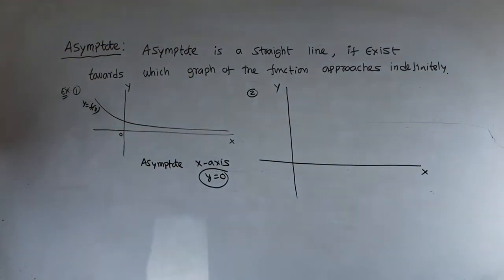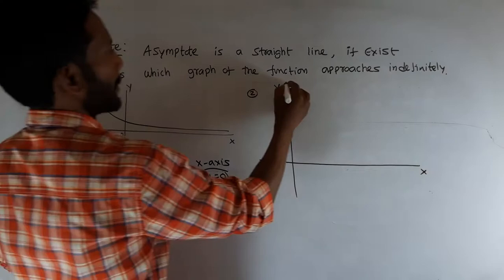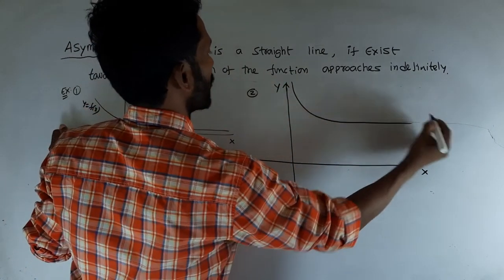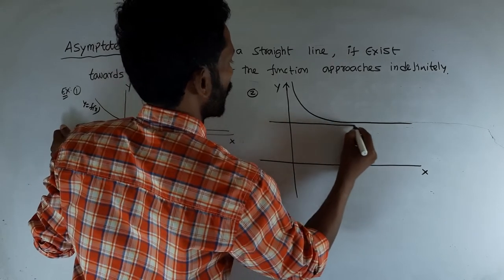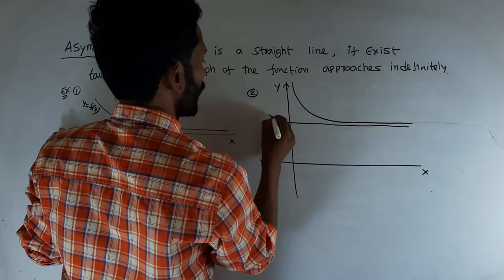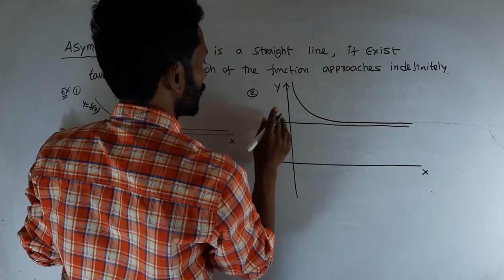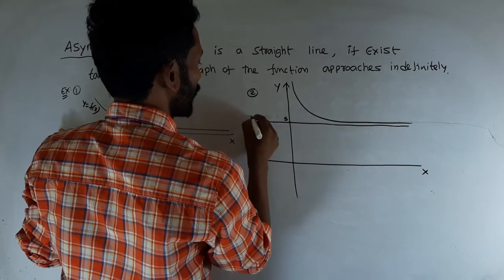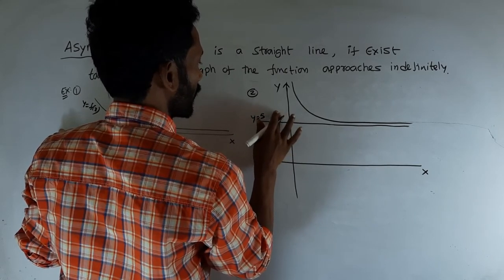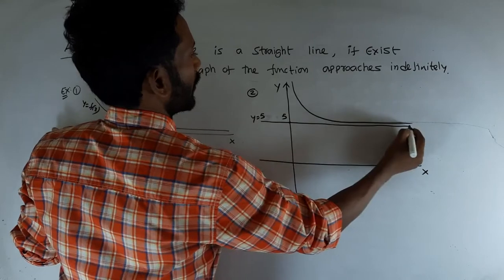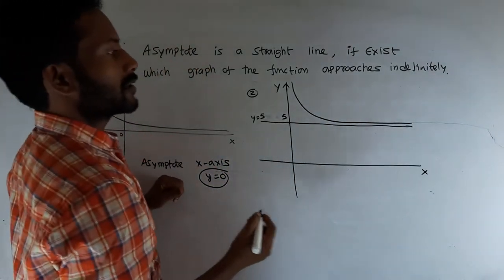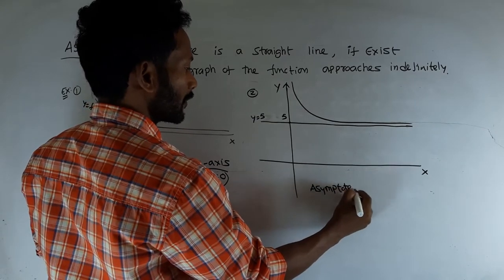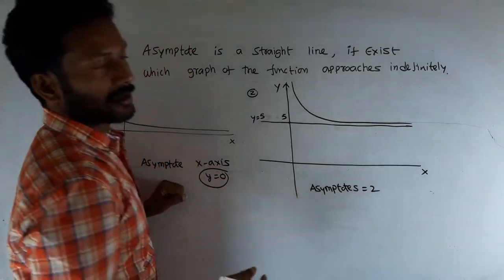One more example. X-axis, y-axis. This point is 5, so y equal to 5. Here the number of asymptotes is 2.